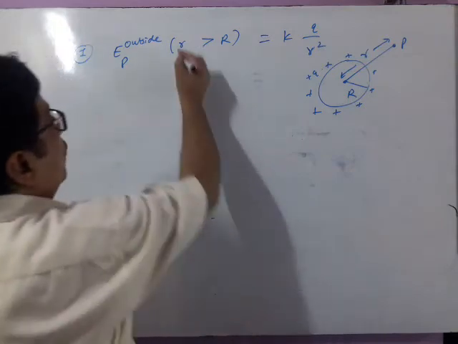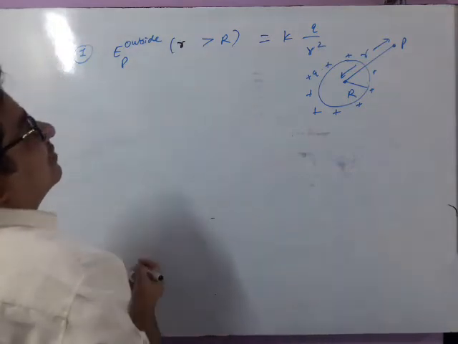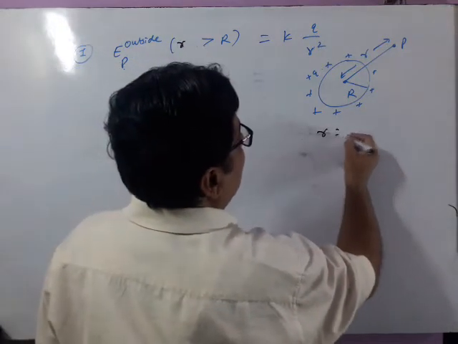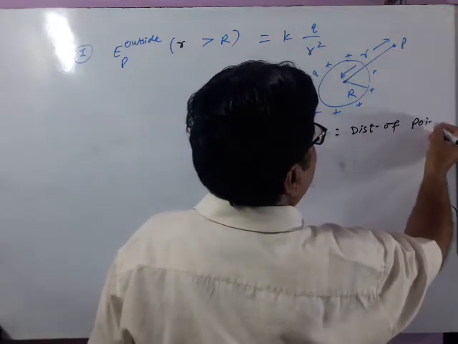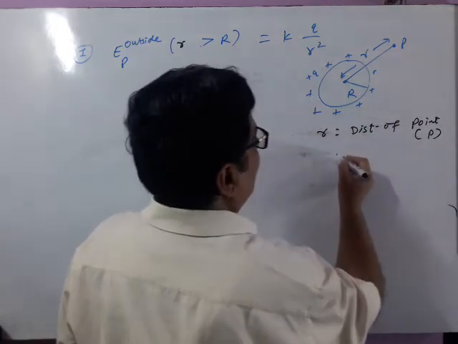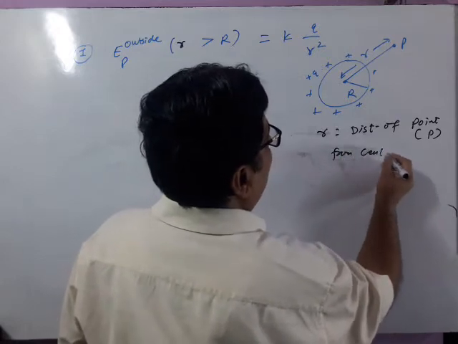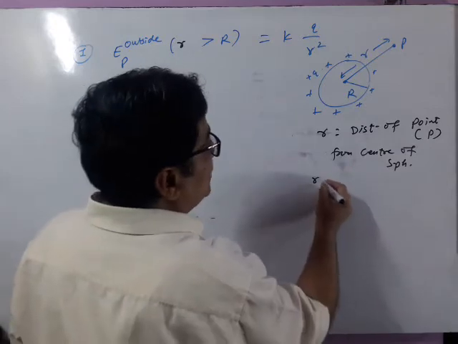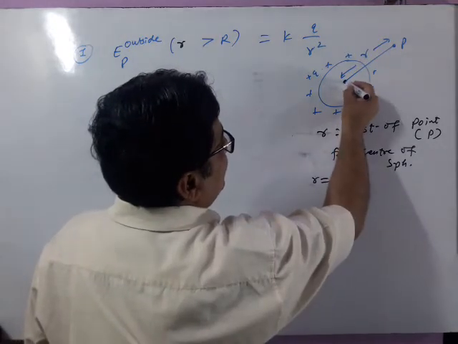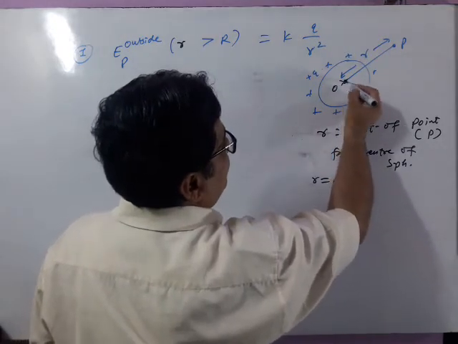Now see, this small r is variable. Focus on this. What is small r? Small r is the distance of the point from the center of the sphere. So when small r is 0, see, this is the reference, the center.